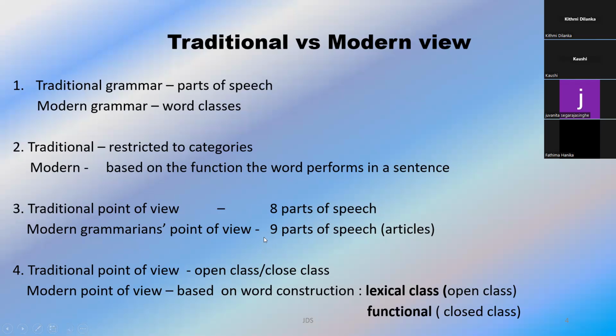Apart from noun, verb, adjective, and adverb, all the other categories fall under the closed class. That means no new entrants are allowed when it comes to the closed class. Think of conjunctions. The language has a limited number of conjunctions.